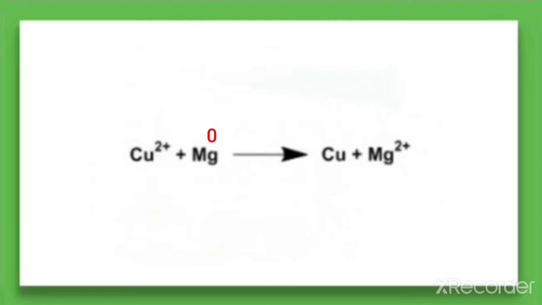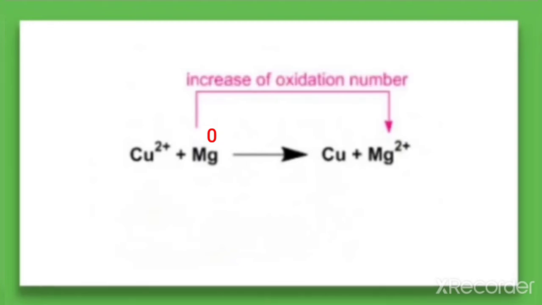So when you look from the reactant to the product side for Mg, we can see that there is an increase in the oxidation number, that is from 0 to +2. Here the oxidation number is 0 and here the oxidation number is +2.